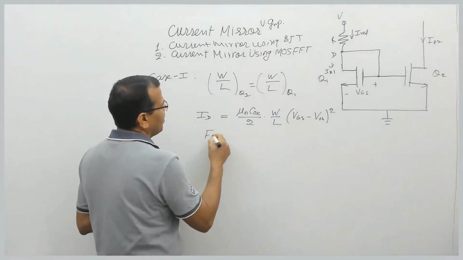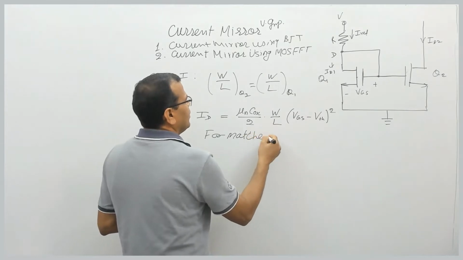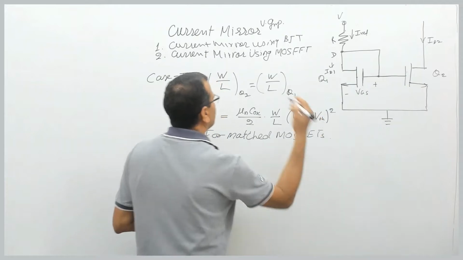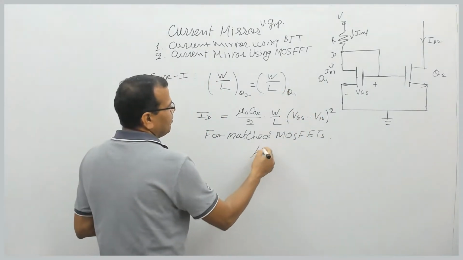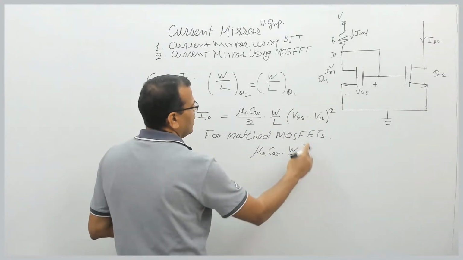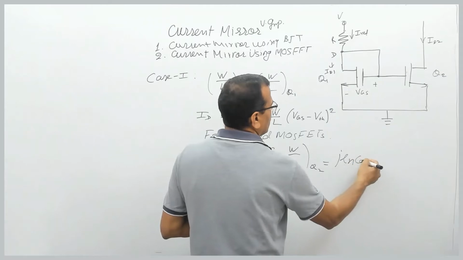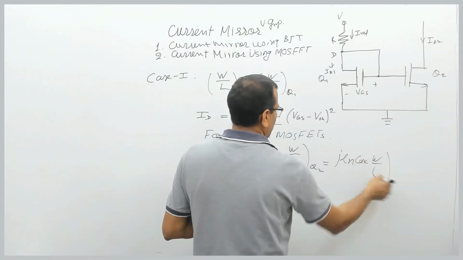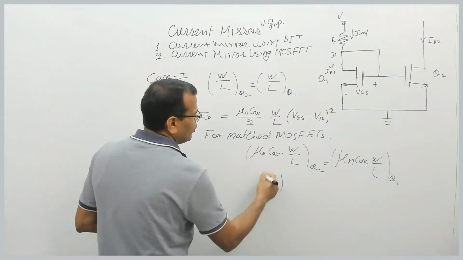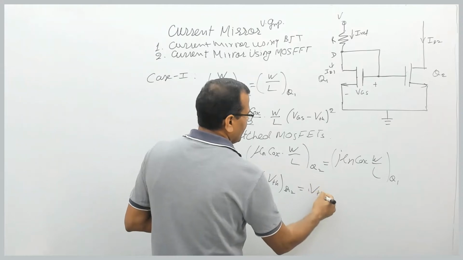So for matched MOSFETs, we will be assuming that mu n C naught x W by L for Q2 is equal to mu n C naught x W by L for Q1, and we will be assuming the threshold voltage of Q2 is same as threshold voltage of Q1.